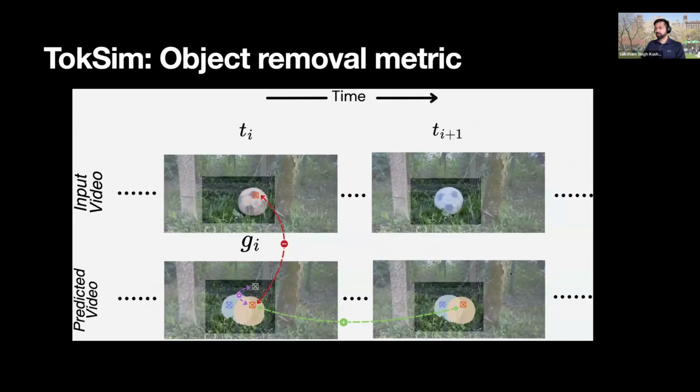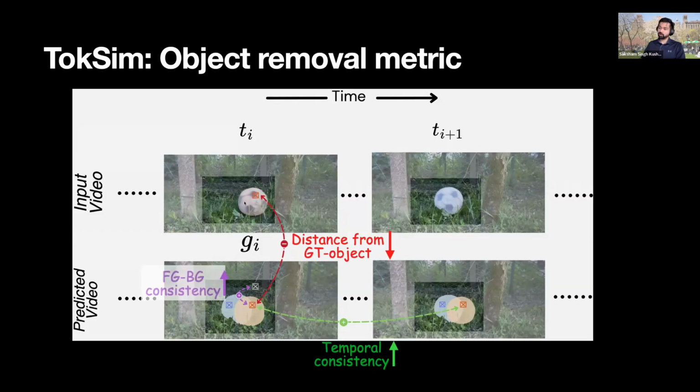Given the input video and a predicted video, we hypothesize that a good object removal is when the removed region is far from the original object region. Since it's a video, it should be temporally consistent through frames, and it should be well inpainted, so it should be close to the boundary and its neighboring background regions.